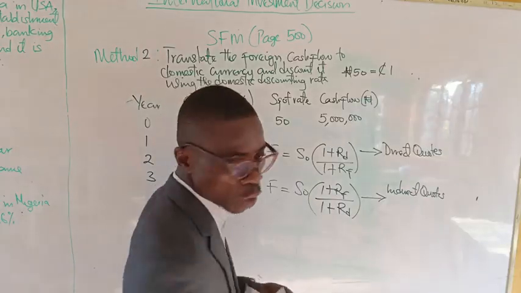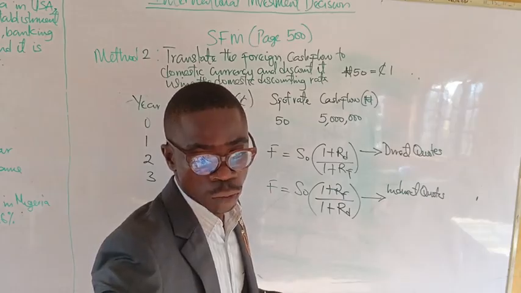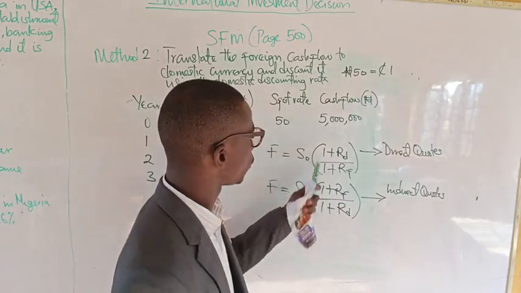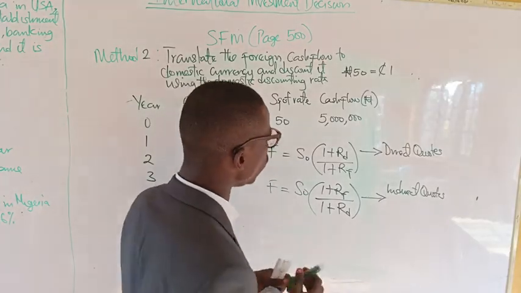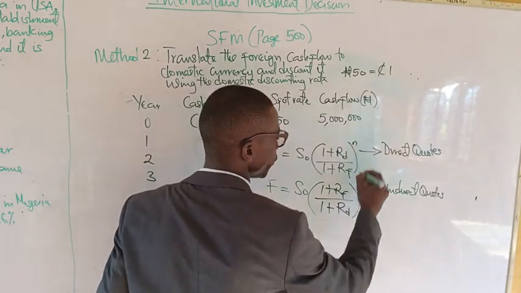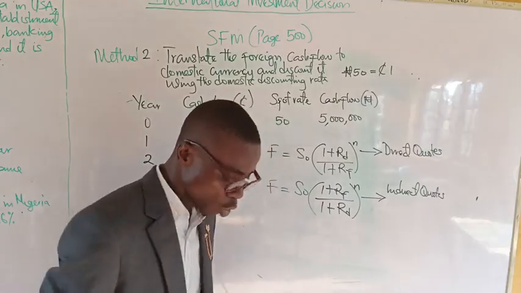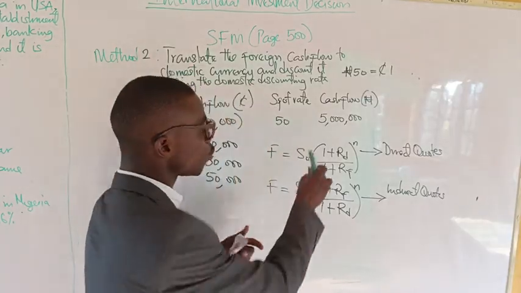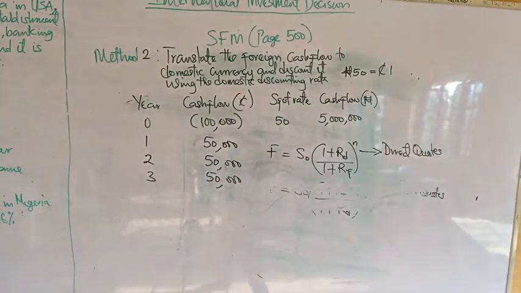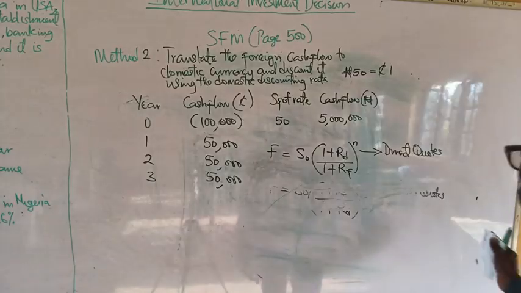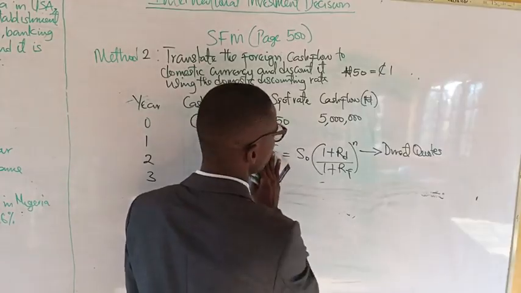So which one are we going to use? The first one. Now, I also want to note something: n should be there. Are we together? That is the number of years. So we should use the first one to calculate the spot rate now.